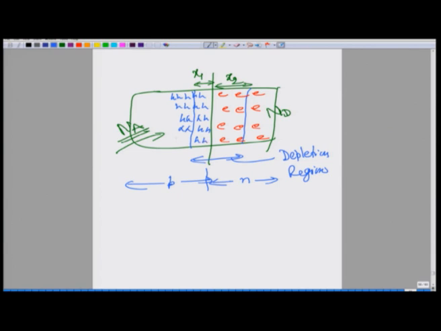And therefore, if holes and electrons have to neutralize each other, and here the density is much larger and here the density is much smaller, and remember, one electron will neutralize one hole, you will have a smaller width on this side and a larger width on that side.